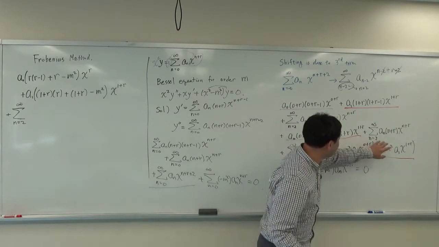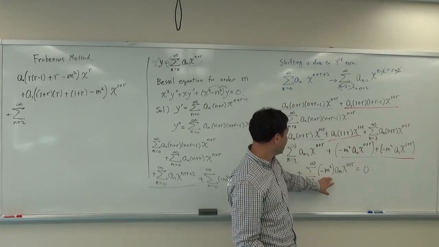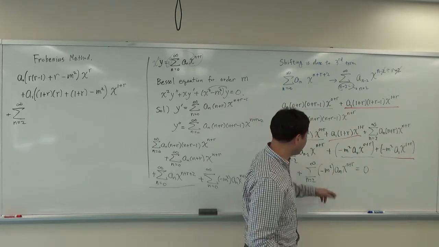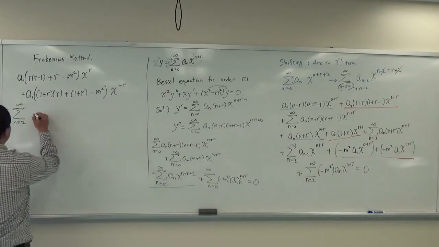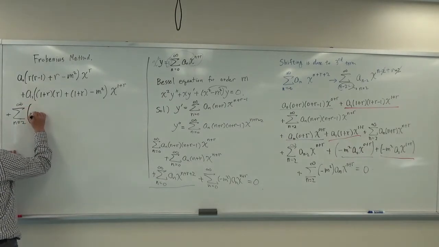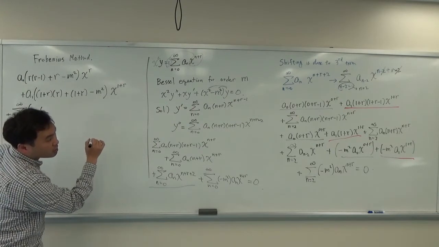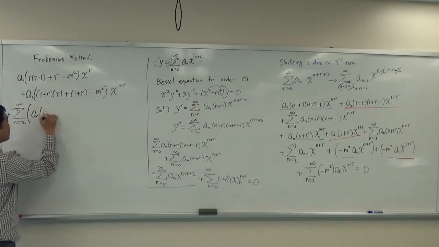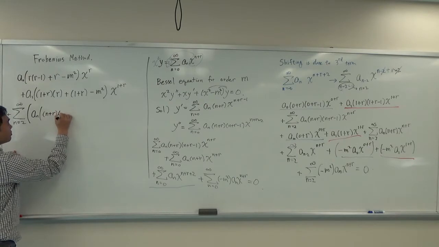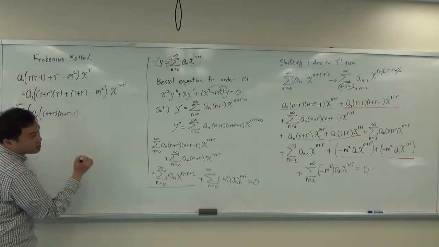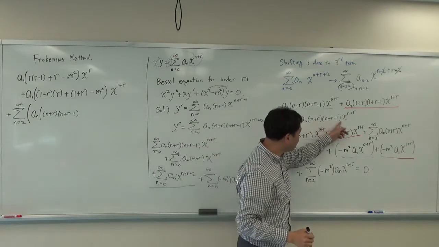So this one, this one, this one are the sums with a_n in there. I'm going to factor it, so it's going to be a big one. a_n will be n plus r minus 1 from here, right?